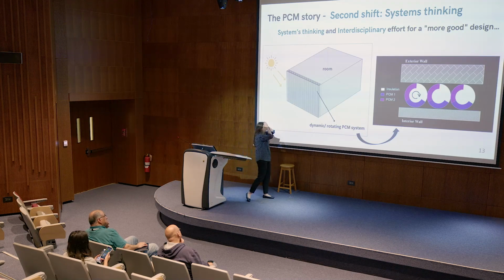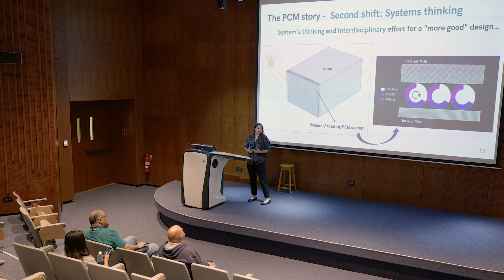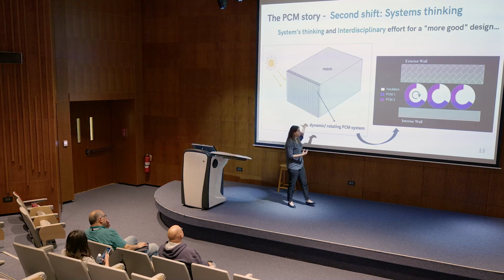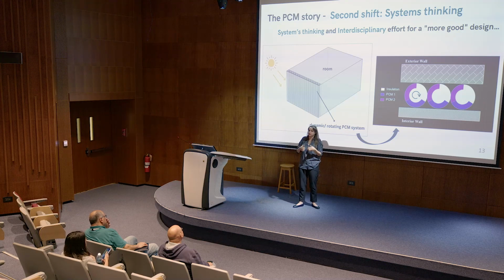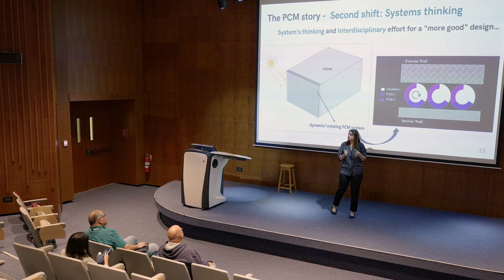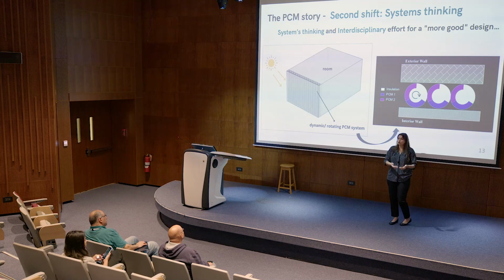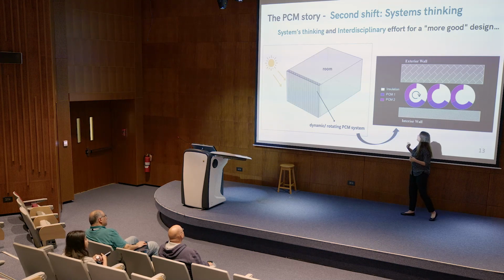So the system that we have been developing is based on how we can make this system dynamic. So we propose to use cylinders, to have phase change materials placed in cylinders instead of flat panels. And these cylinders can rotate depending on whether we want them to rotate to the outside or to the inside, having the insulation material as well.